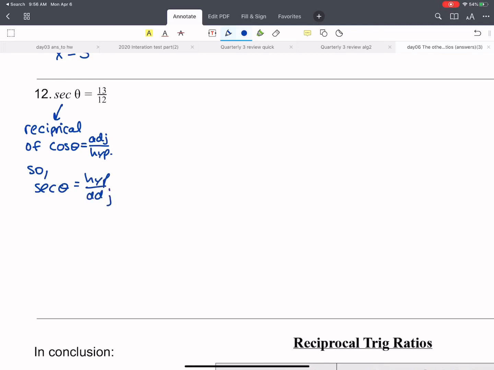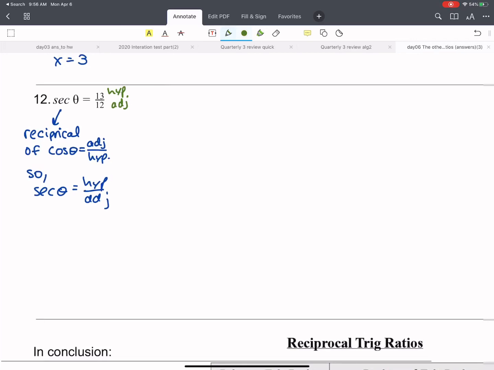I'm going to write that down over here, using a different color too. This one is my hypotenuse, and this is my adjacent. So now I'll be able to draw my triangle and answer all of them.